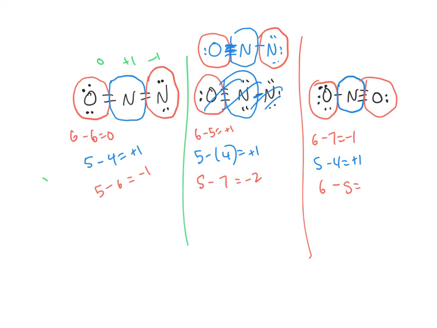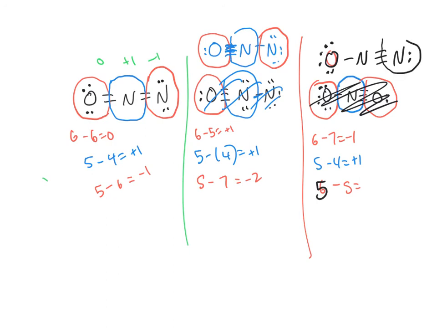I'm tired. Sorry. This is nitrogen here. You're sitting there watching me make mistakes, right? All right, so that last one is 5 for the nitrogen, minus 5 is 0, so this adds up to 0.